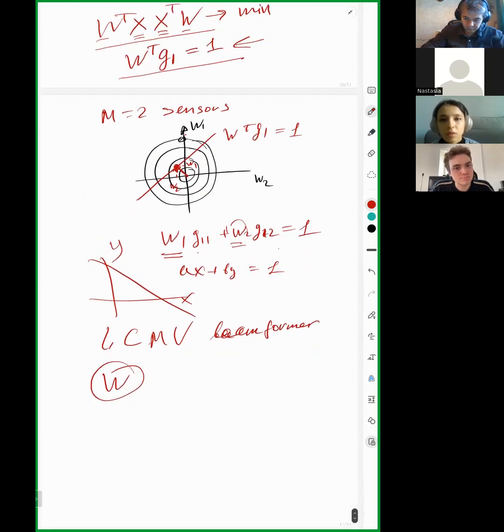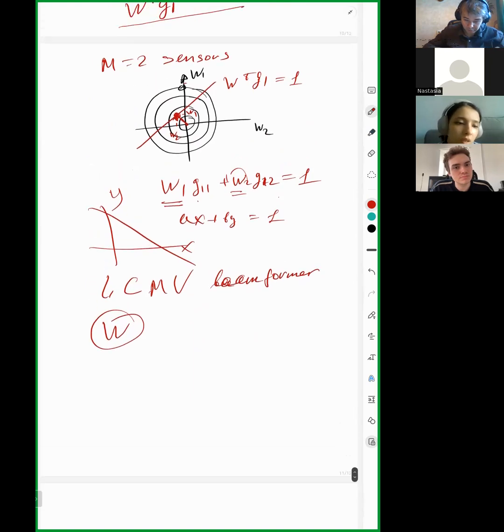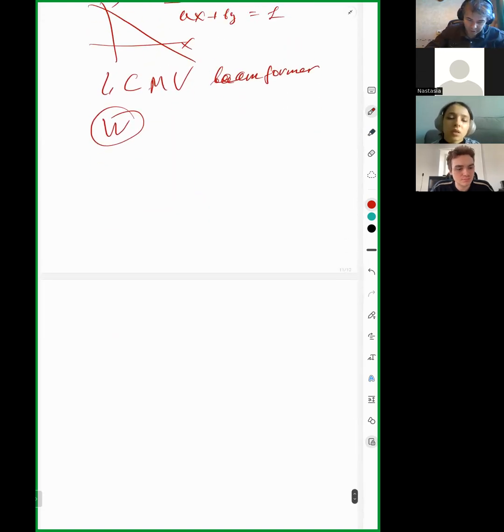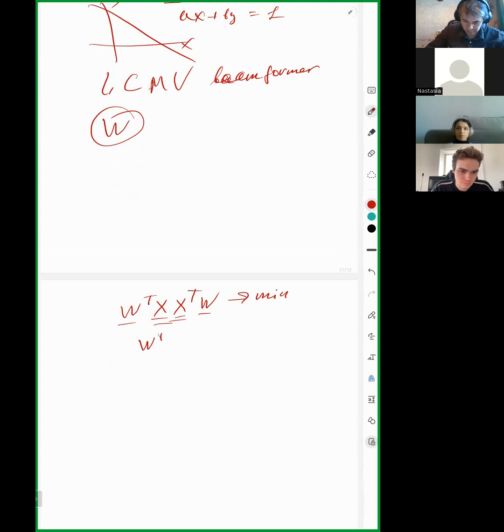So now, how do you solve this? This is all pretty formal. We will write W transpose X transpose W. You want to minimize this such that W transpose G1 is equal to 1.